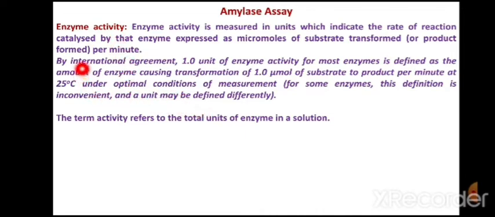Now, according to international standards, one unit of enzyme activity for most enzymes is defined as the amount of enzyme causing transformation of 1 micromole of substrate to the product per minute at 25 degrees Celsius under optimal conditions of measurement, or the amount of enzyme responsible for the formation of 1 micromole of the product per minute at 25 degrees Celsius.